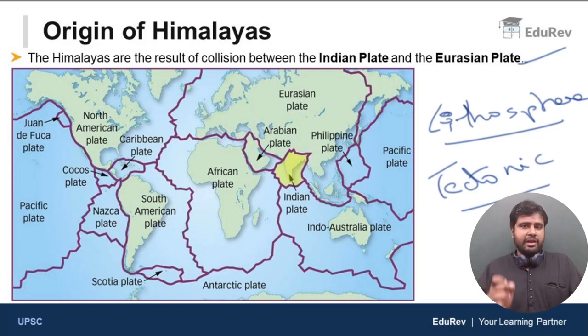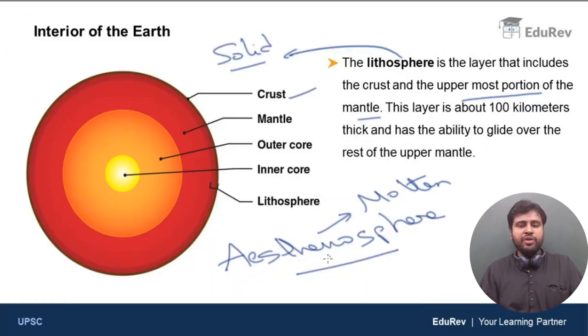Clear? Now, these tectonic plates are not stationary. They are not static. These tectonic plates are constantly in movement, moving around from one place to another. The tectonic plates are moving over the asthenosphere, which is molten or semi-solid.